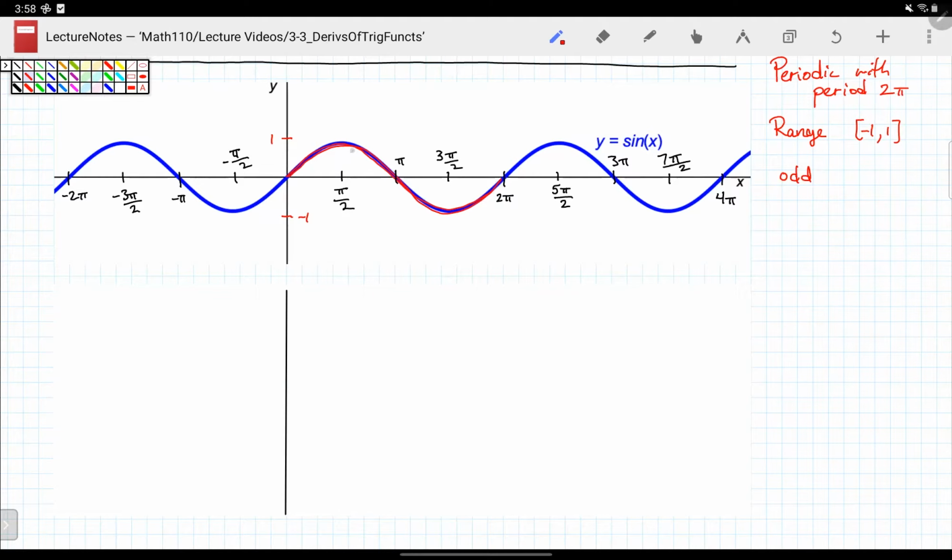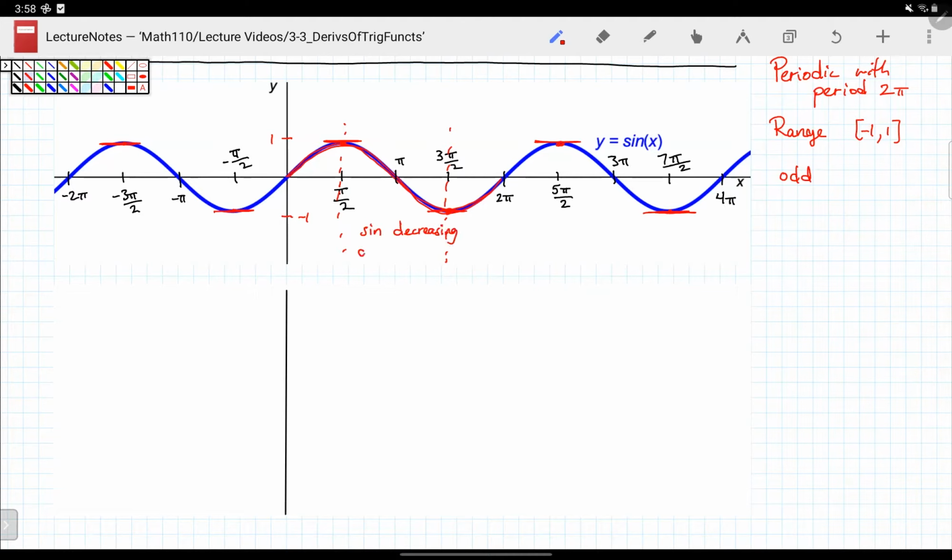So one thing is we have a horizontal tangent here at pi/2. We have another horizontal tangent at 3 pi/2. It looks like we've got a horizontal tangent at all of the odd multiples of pi/2. And between those two points, say between pi/2 and 3 pi/2, we can see that the sine function is decreasing.